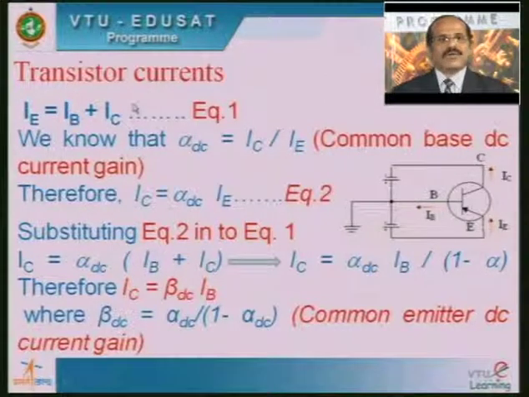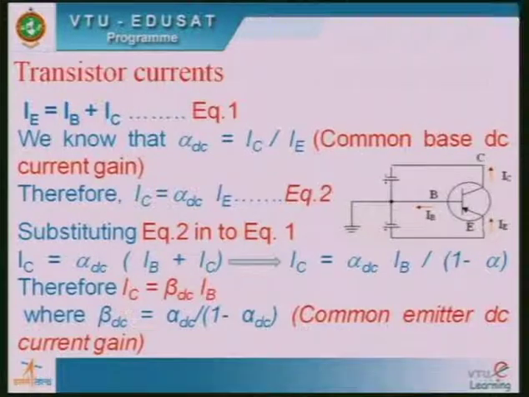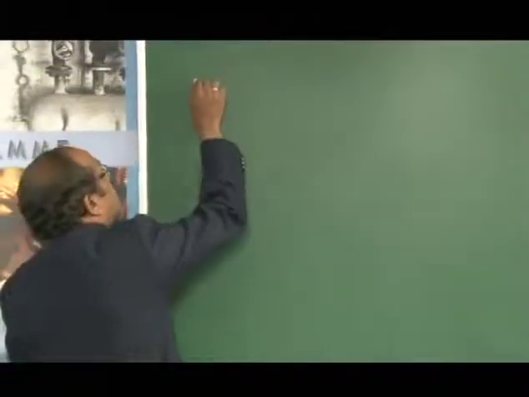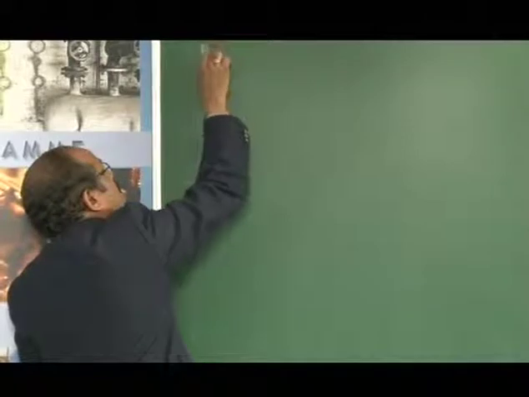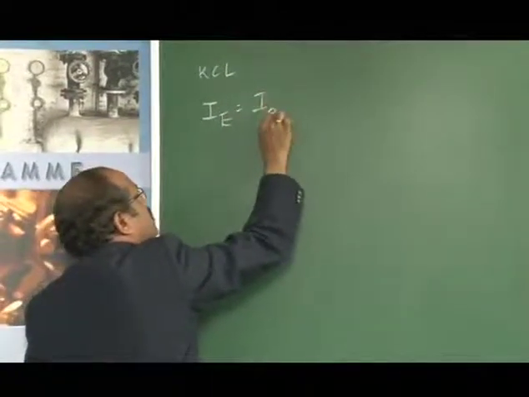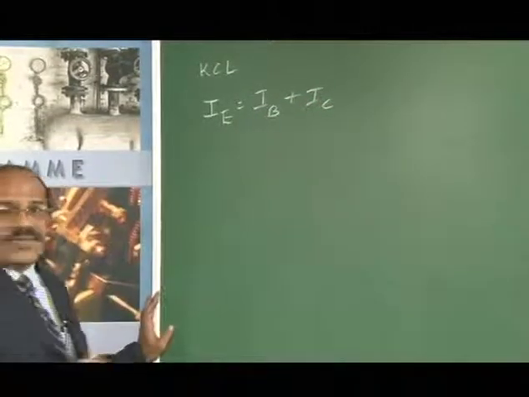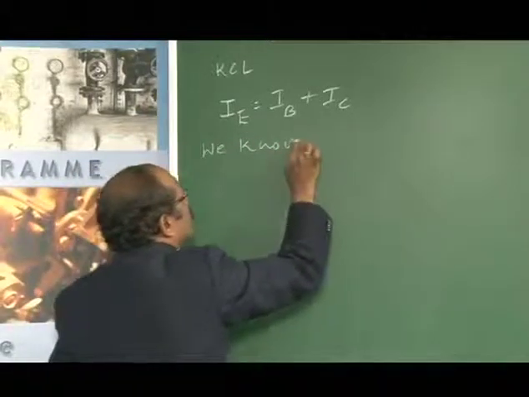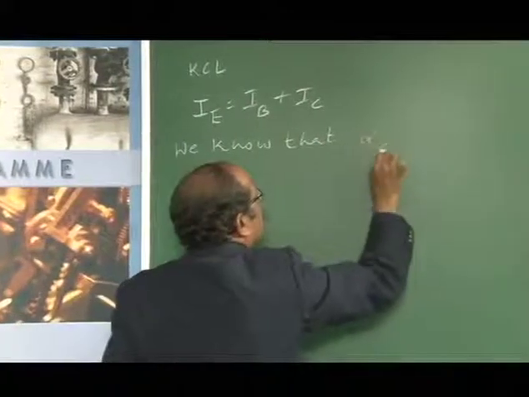From this figure, if you apply Kirchhoff's current law, we can note down that IE equals IB plus IC. So the input current, that is the emitter current, equals IB plus IC. Here we know one parameter called alpha DC.